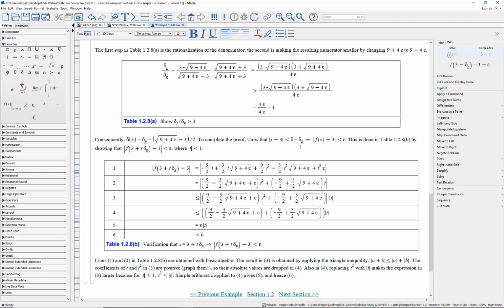Okay, so I'm looking at the function value at 3 plus t delta R, so I'm somewhere in that interval, and I'm comparing the function values to 3, and now the rest is some algebra and then some estimates. So here's the algebra. There's a term multiplying t squared and a term multiplying t. Apply the triangle inequality.